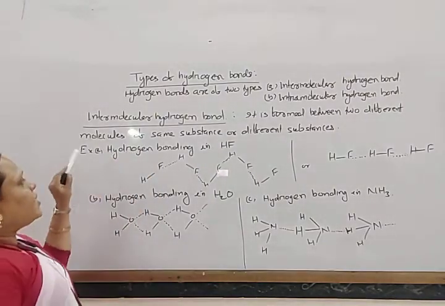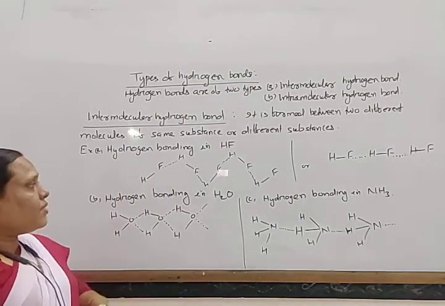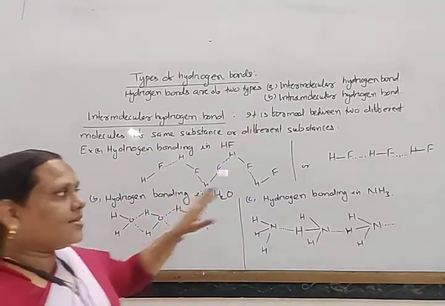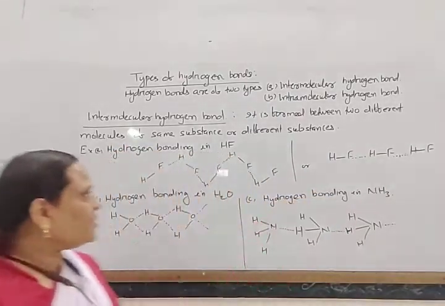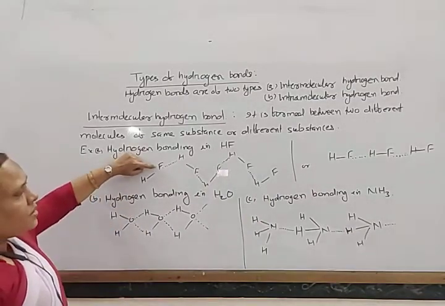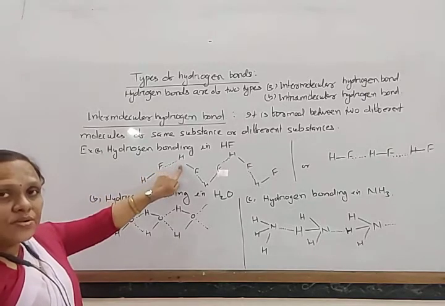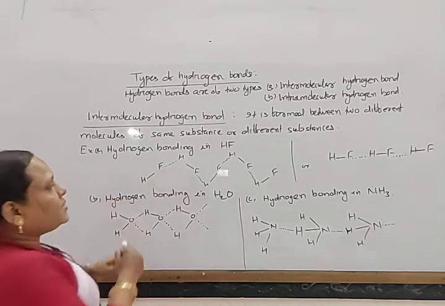So in this step, hydrogen bonding takes place between HF molecules. HF molecules are linked like this, or it can be represented also like this. Here the fluorine atom on one side is bonded with a covalent bond and on the other side with a hydrogen bond. So this is the hydrogen bond.